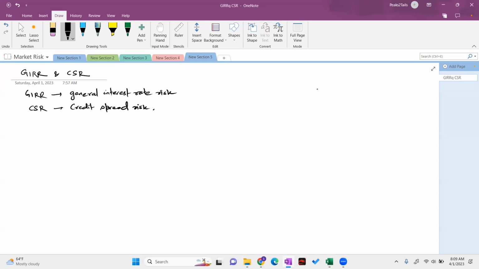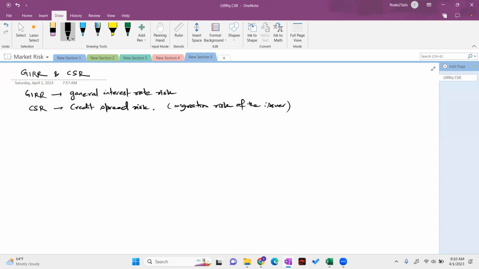So that corporate yield or a risky yield is a combination of general interest rate plus some credit spread. So CSR captures the variation in that spread. So it captures the migration risk, you can say. Rating migration or changes in the creditworthiness of the issuer, migration risk of the issuer.